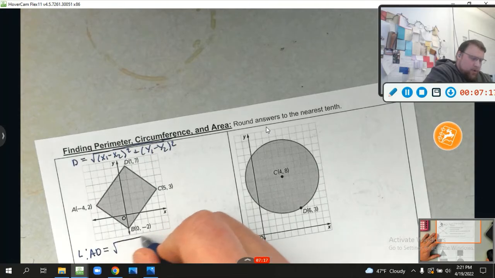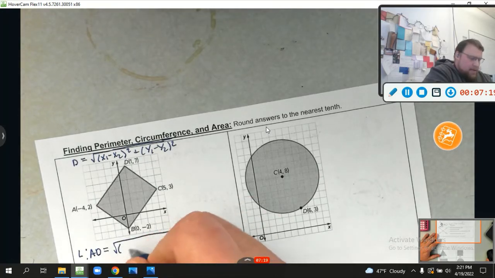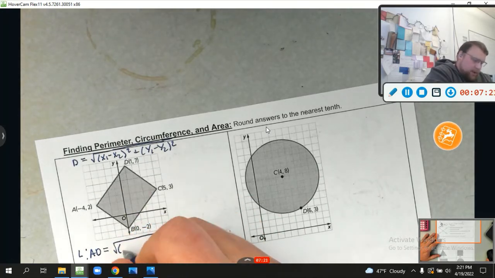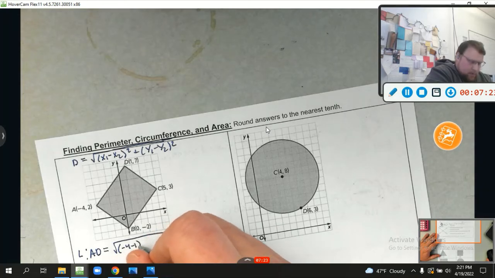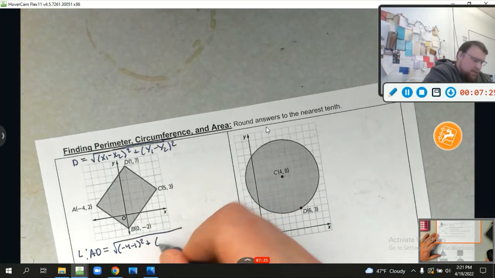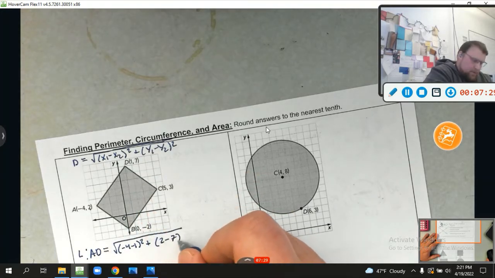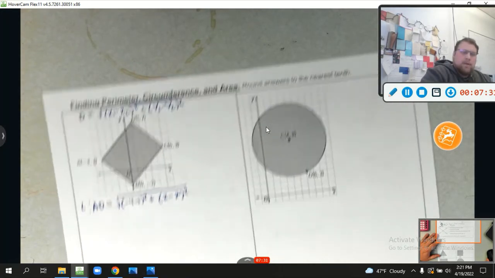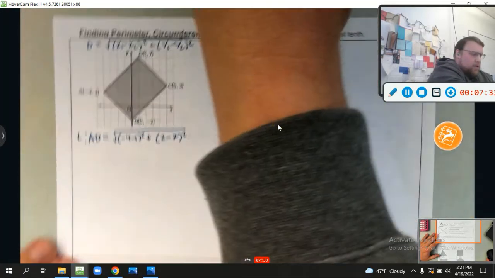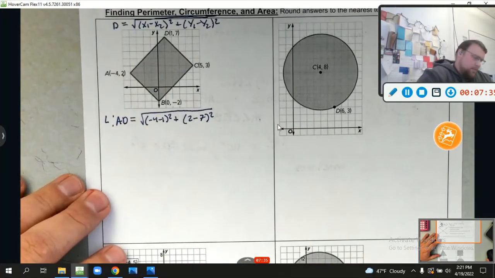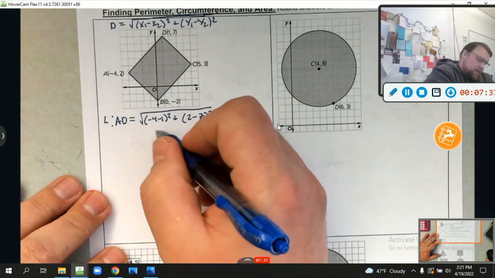It's the square root of my x's subtracted, so negative 4 minus 1 squared, plus my y's subtracted, 2 minus 7 squared. And how I work this out is I just say, all right, what is that really?